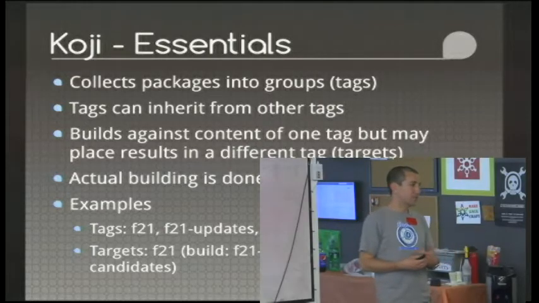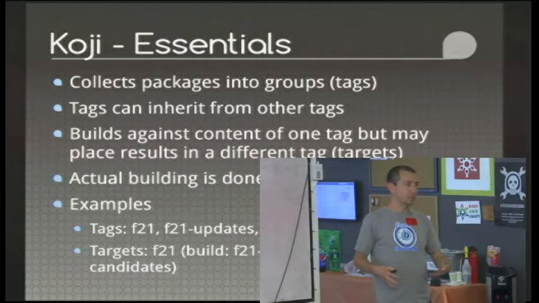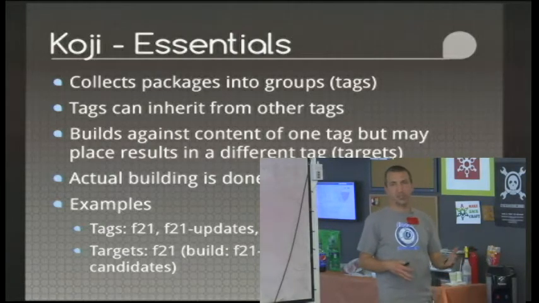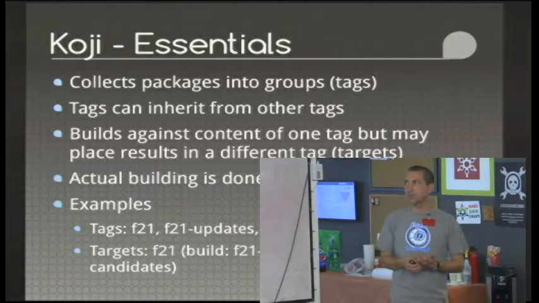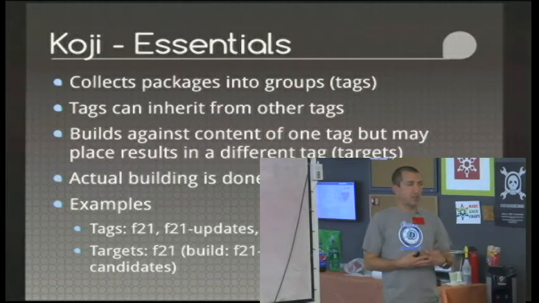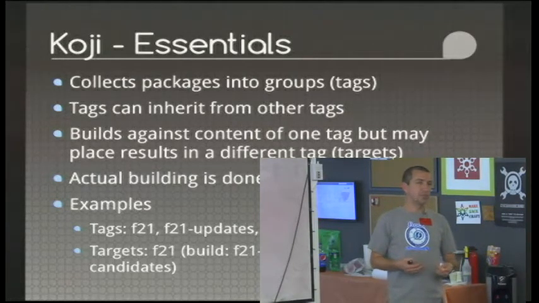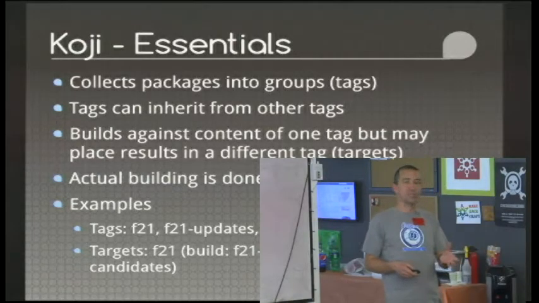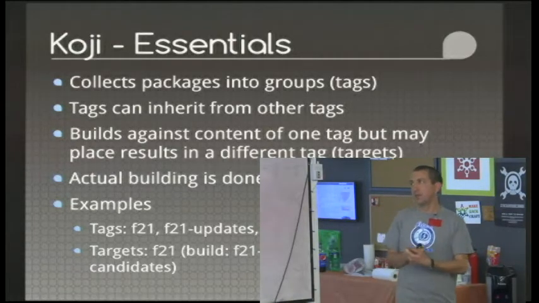A tag, for example, is something like Fedora 20 release. So you have a group of packages in this tag, which ultimately reflects the collection of packages that went in the Fedora 20 release. Tags can have inheritance. So Fedora 20 release, when it was initially created, inherited, for example, Fedora 19 and all of its updates.